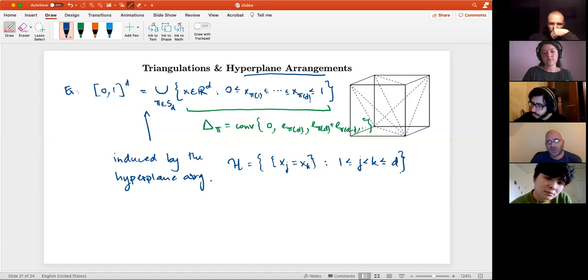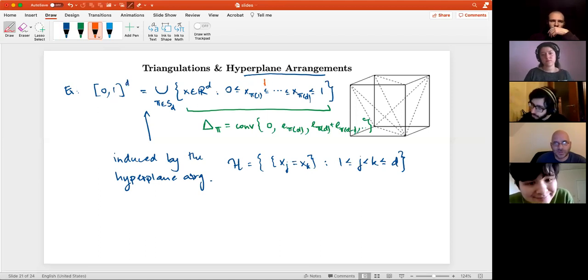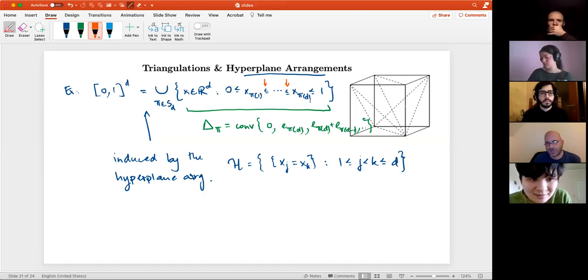If you think about these inequalities up on top, the first one is maybe not so interesting, but all of these inequalities are always an inequality between 2 coordinates, correct? By induced, what I mean is, take your unit cube, so here it is, and this is the origin.